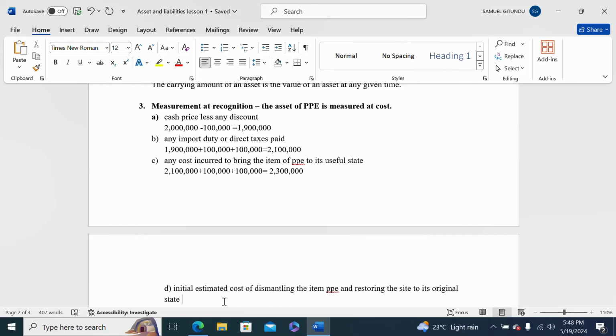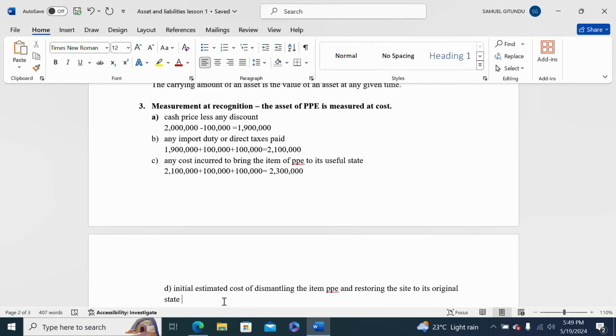So that estimated cost of dismantling the property, plant, and equipment item and restoring the site to its original state is also a part or an element of the cost which is recognized at the initial stage.